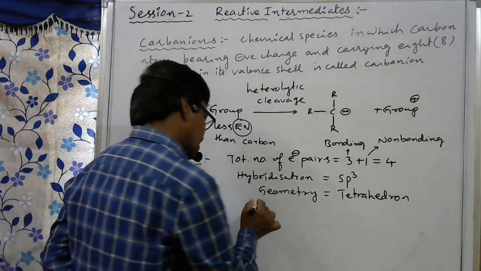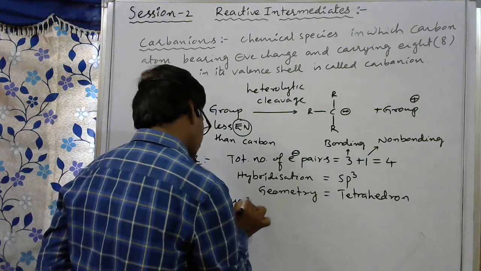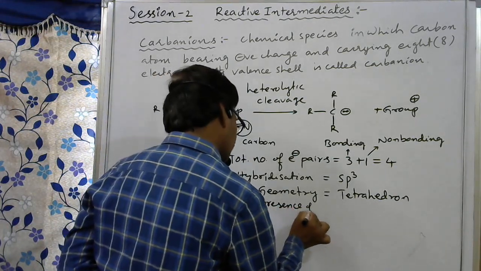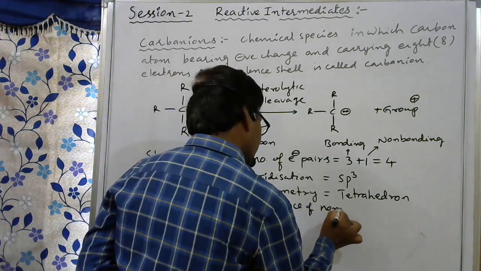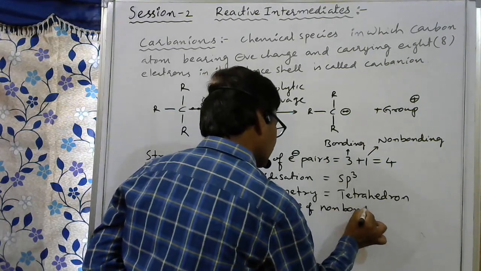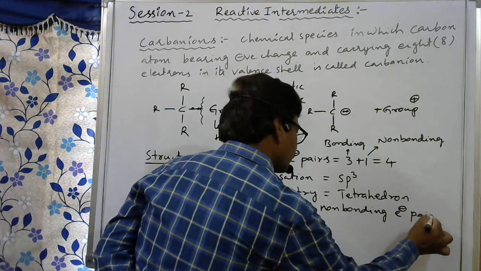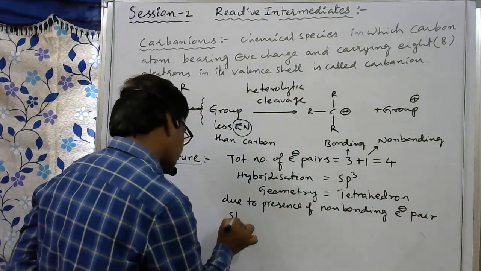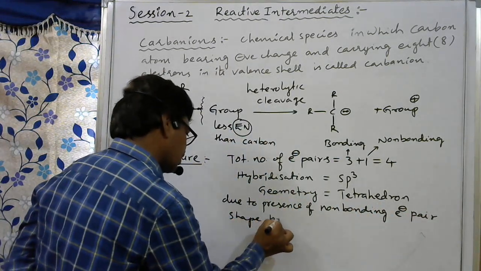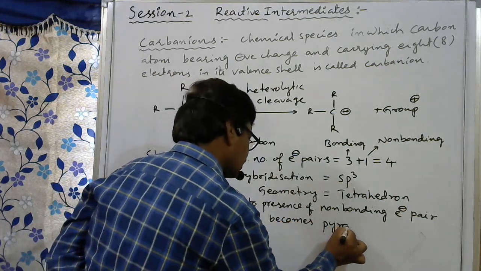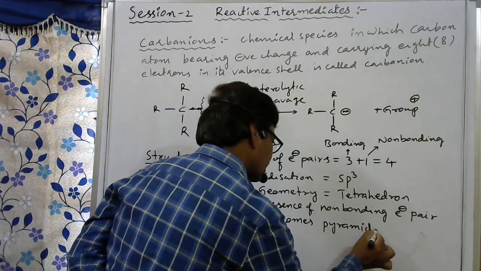So due to the presence of the non-bonding electron pair, the shape now becomes pyramidal. It is just like ammonia.